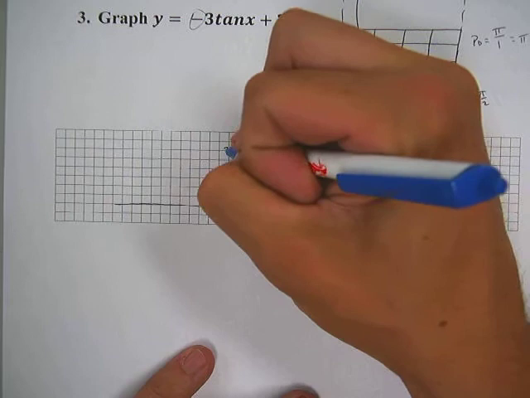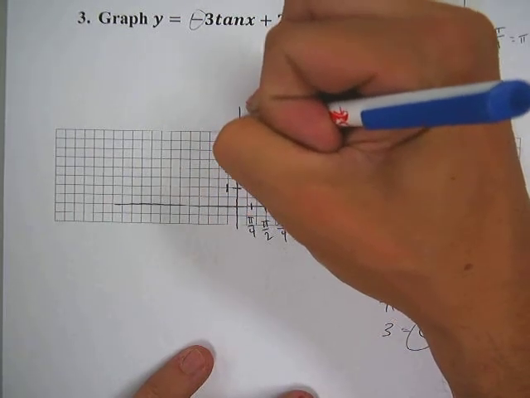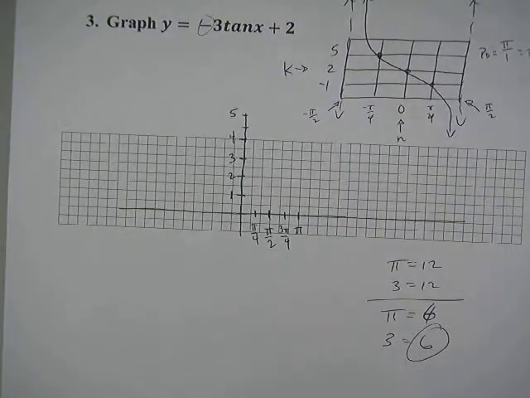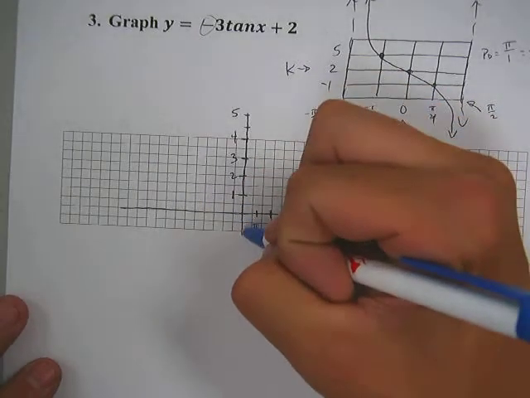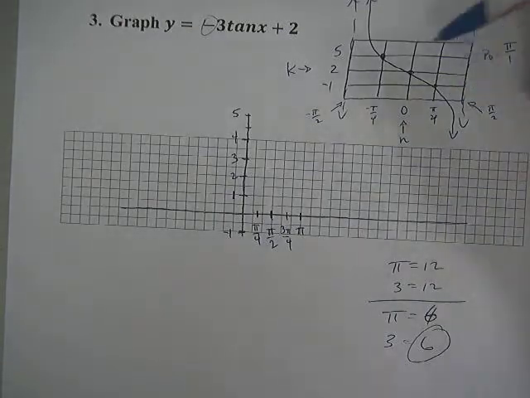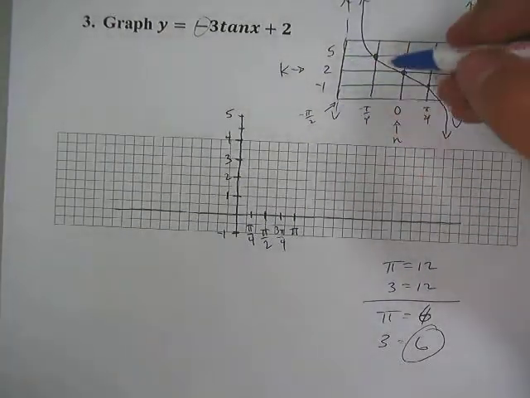In terms of the up-down, if you need to go 6 boxes to get to 3, that means every 2 boxes, that's 1, 2, 3, 4, I'm going to go up just a little bit more. And there's 5. So I'm going to go off with just a little bit, so I apologize for that.